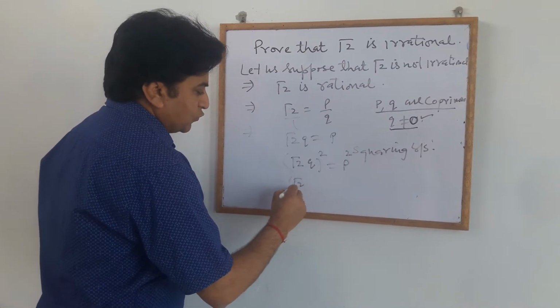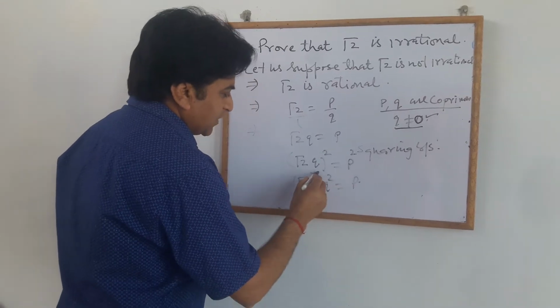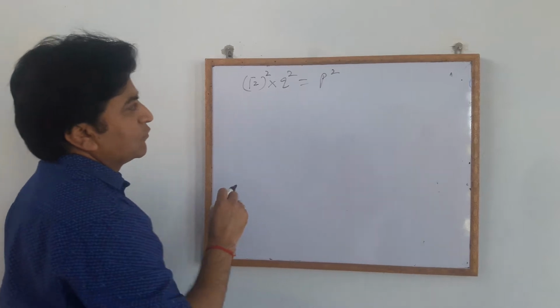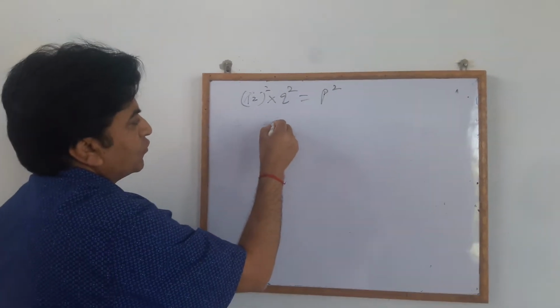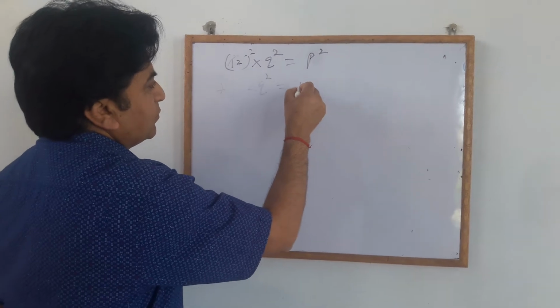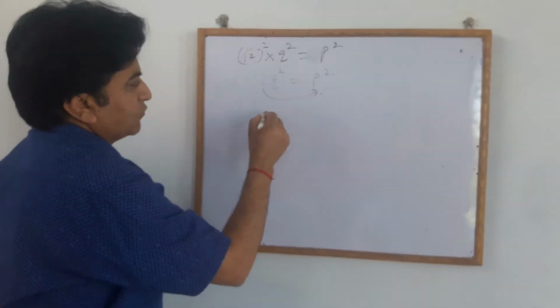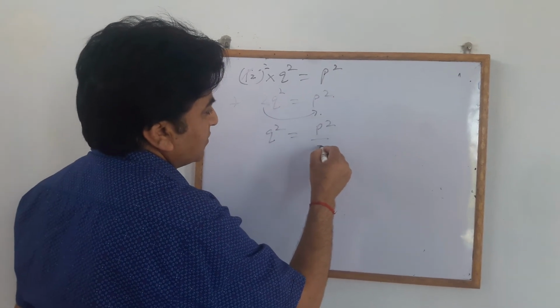It means root 2 square into q square is equal to p square, which implies 2q square is equal to p square. Let's take 2 to the right hand side. So what will be there? q square is equal to p square upon 2.